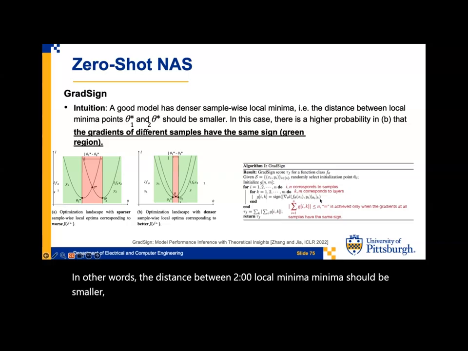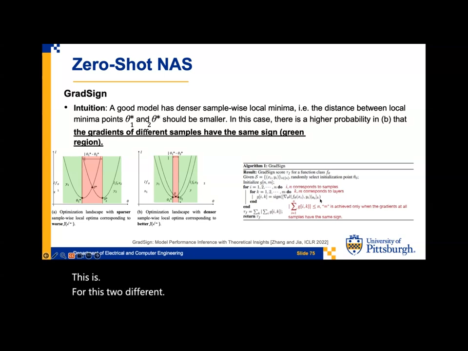So for these two sample distributions, the local minima should be close to each other.